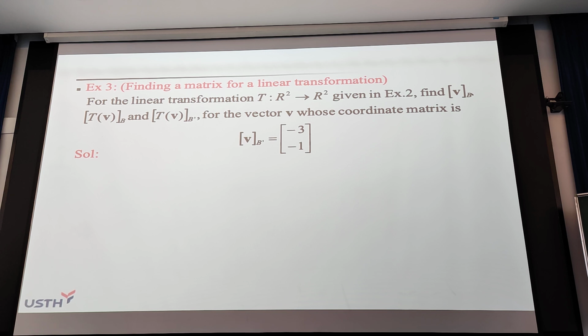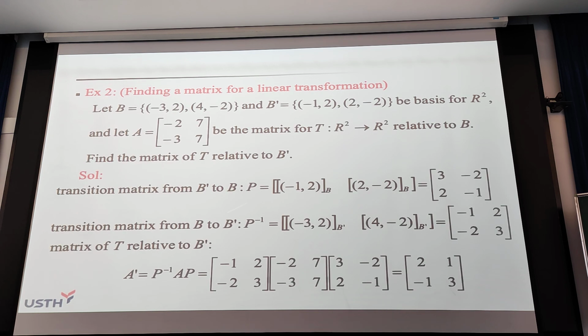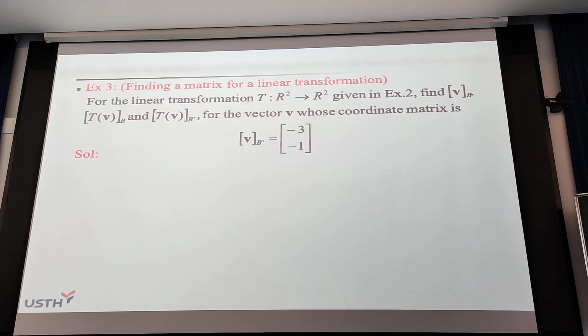Now, suppose that you did already the exercise in the previous example. You know A, you know A prime. Then you are required to find the T of V relative to B and relative to B prime, and that is some kind of exercise. Now it is very easy.